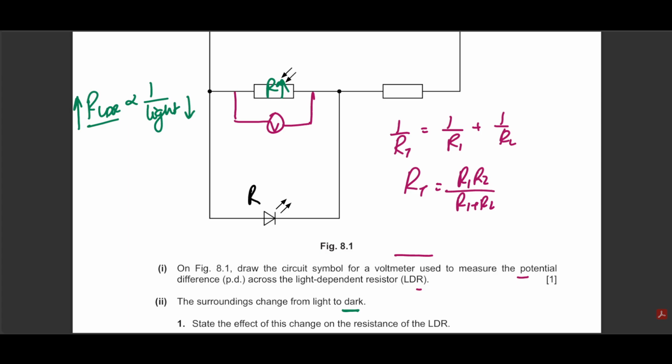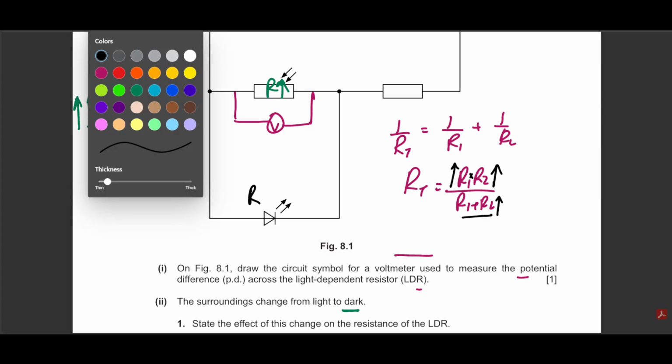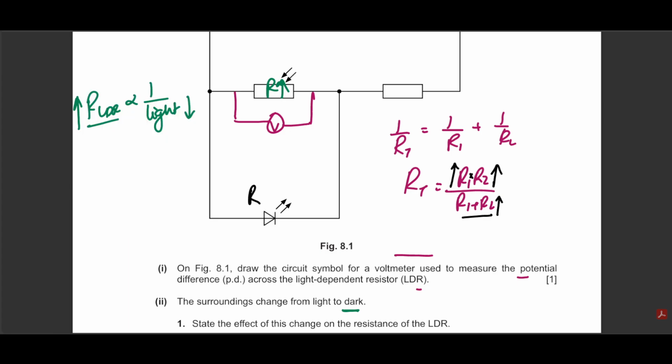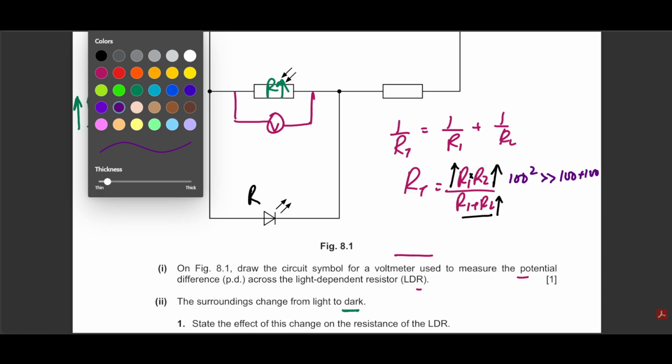So the resistance of one of the components is increasing. Although the numerator is also increasing, we need to respect that multiplication increases much more rapidly than simple addition. If it had been 100, 100 squared would be much greater than 100 plus 100. That is what we are absolutely sure about.